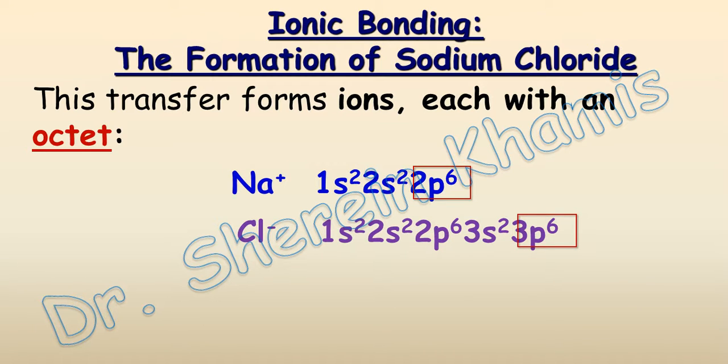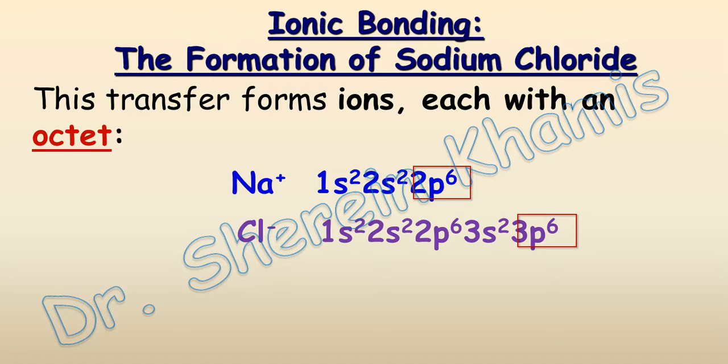Okay, so each one ended with 6 electrons in the p orbital. The p sublevel is filled with 6 electrons, 2 in each orbital. As we say, p has 3 orbitals, px, py, and pz, each one filled with 2 electrons, opposite in spin. So we have a completely filled energy level.